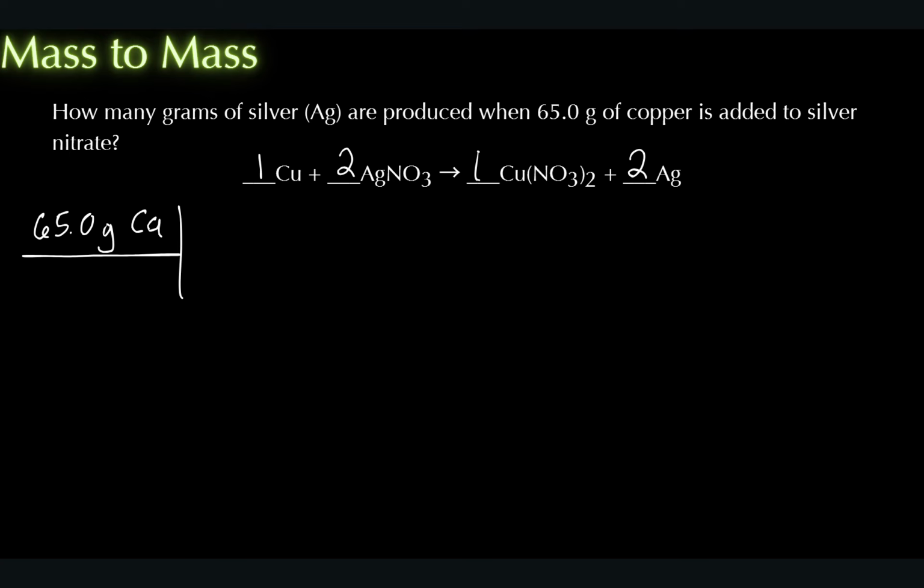Putting into our setup, although let me fix my copper really quick as it looked almost like calcium. So our 65.0 grams of copper. We'll go ahead, grams of copper on top. On the bottom will be our grams of copper. In this case, we're just going to look at the mass on the periodic table.